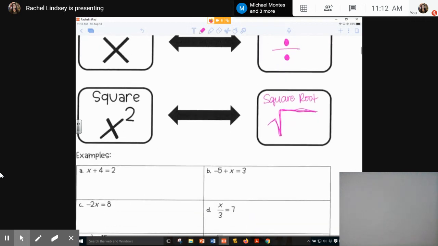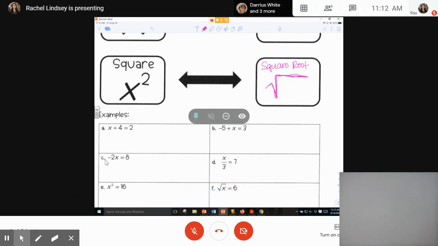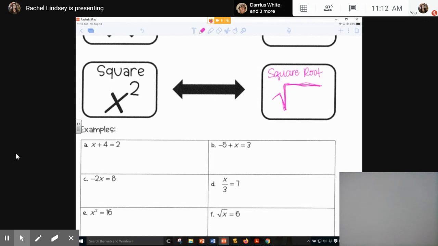Okay, so down at the bottom we have different examples using those inverse operations, and we use inverse operations to solve for a variable. So on A we're going to solve for x. So we need to isolate this x term. So that means we need to move everything away from it. How will I move this 4?